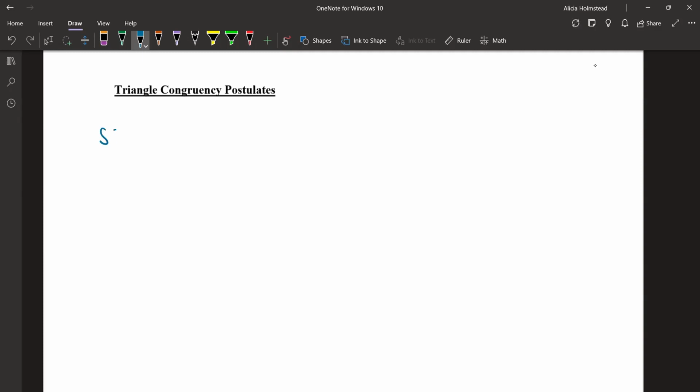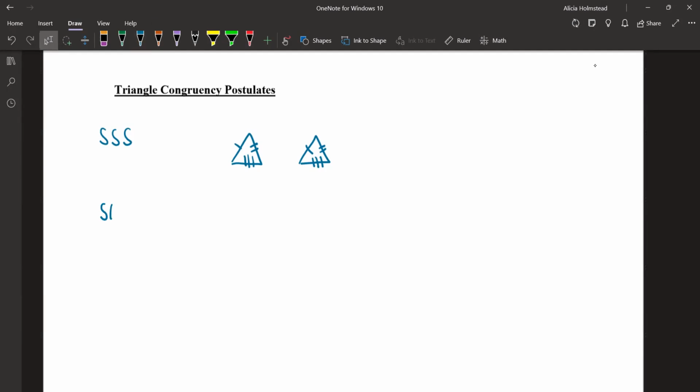So the first one, it's called SSS, meaning side-side-side congruency. So if we had two triangles and we knew that those two sides were congruent, those are congruent, and these bottom ones are congruent, then we could conclude that the triangles themselves are congruent.